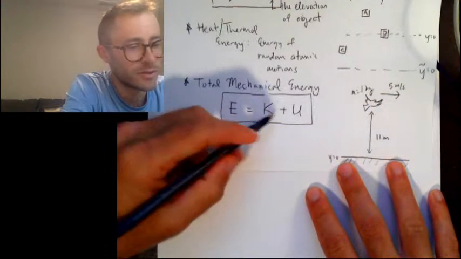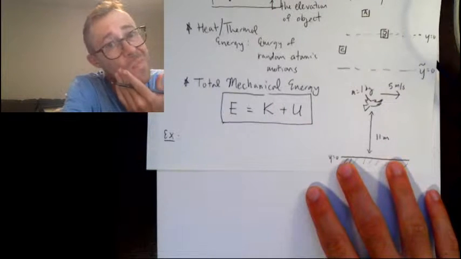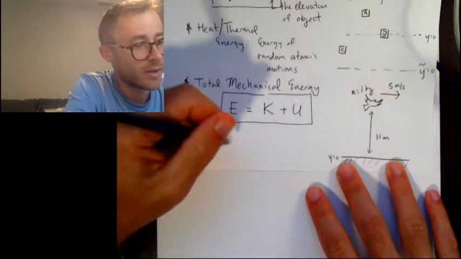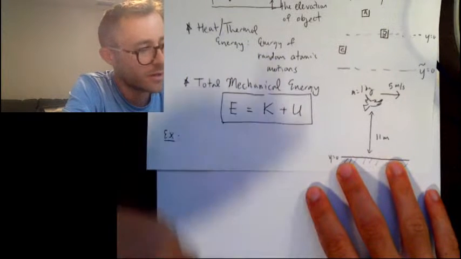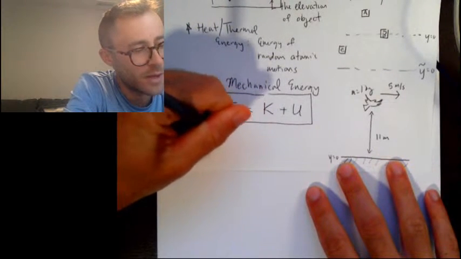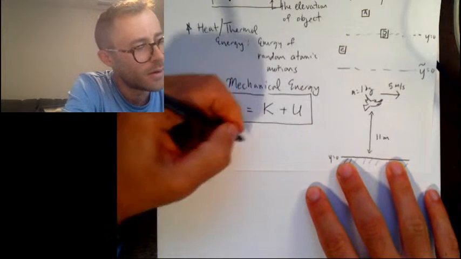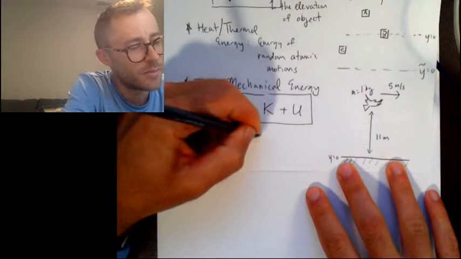Well, this bird is elevated, and so it has potential energy. And the bird is moving, so it has kinetic energy. So the energy is going to be 1/2 mv squared plus mgy.